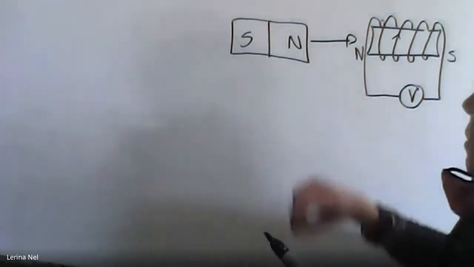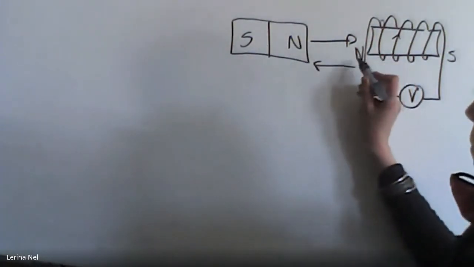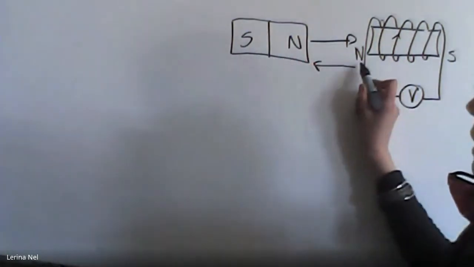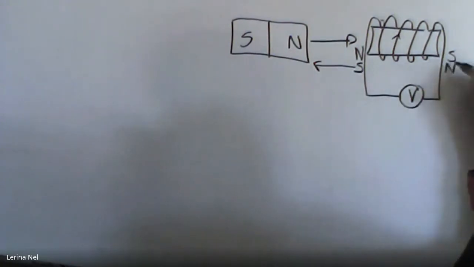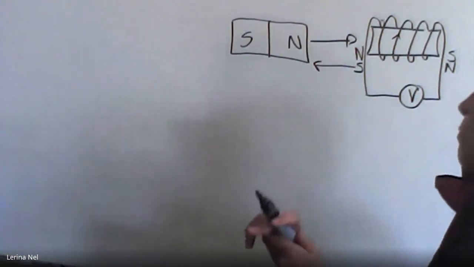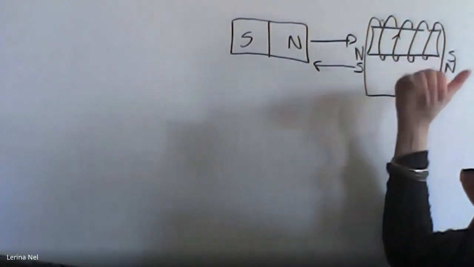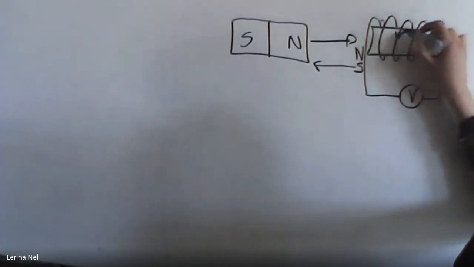Now, when I move the magnet away from this solenoid, when the north pole moves away, it's going to induce a south pole on this side and a north pole on the other side. Like, no, come back, okay? Which means if I then use my right hand rule, the current will be flowing from the back to the front, so the current is going to flow in the opposite direction.